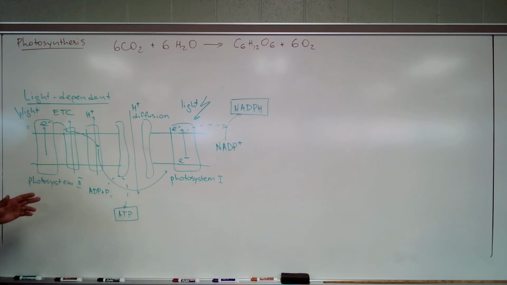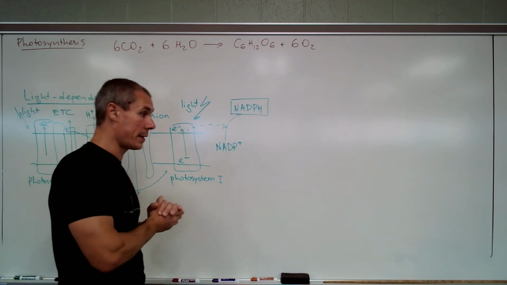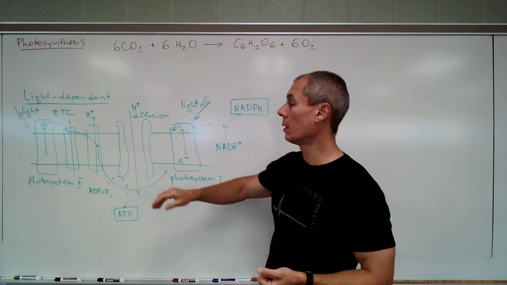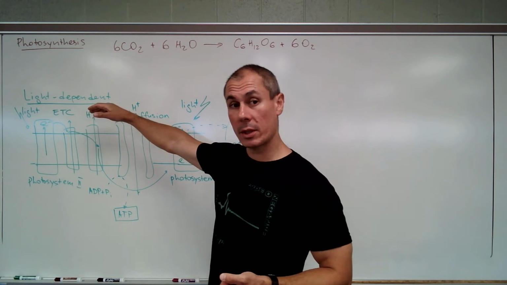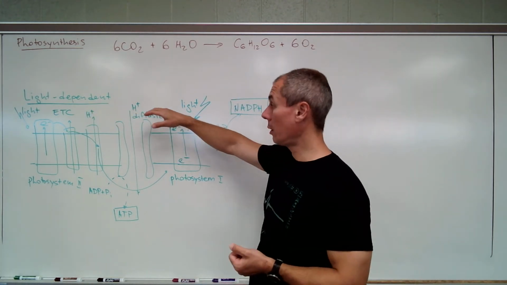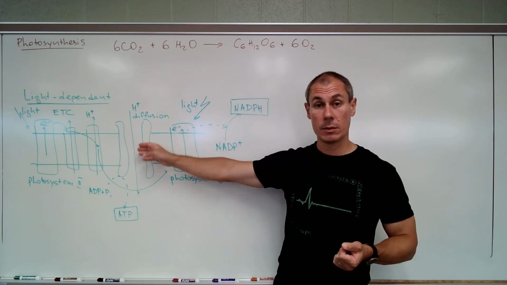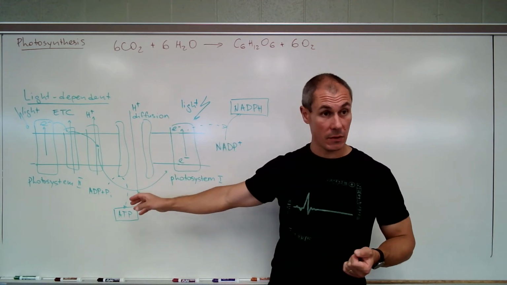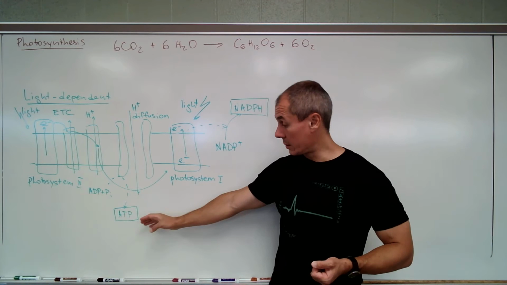Okay, so to wrap up, energy of light is absorbed by the photosystem 2. This energy pushes the electron into the electron transport chain. Electron from photosystem 2 loses the energy to the proteins of electron transport chain, which use that energy to pump hydrogen across the membrane. Electrochemical gradient that was generated drives the diffusion of hydrogen ions across the membrane through the ATP synthase, which results in the synthesis of ATP.